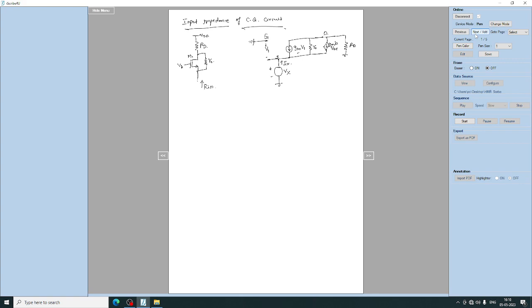So in this we observe V1. If we tilt this Vx, in magnitude V1 and Vx will be the same, but here V1 will be minus Vx because it will be tilted and becomes the opposite direction. So V1 will be equal to minus Vx, and Vbs is nothing but Vb minus Vs, which is 0 minus Vx, so Vbs will also be equal to minus Vx.